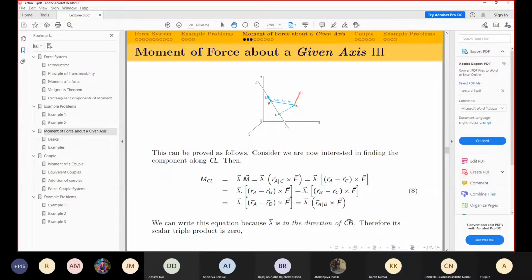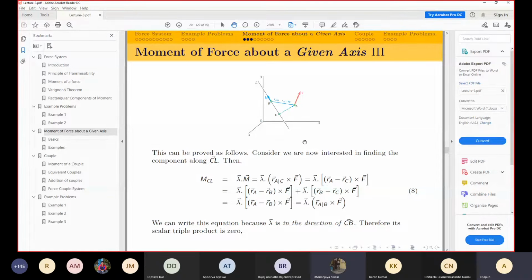But it is not necessary that the axis and the force will always intersect. Those two can be skew lines, non-intersecting, non-coplanar. Correct.